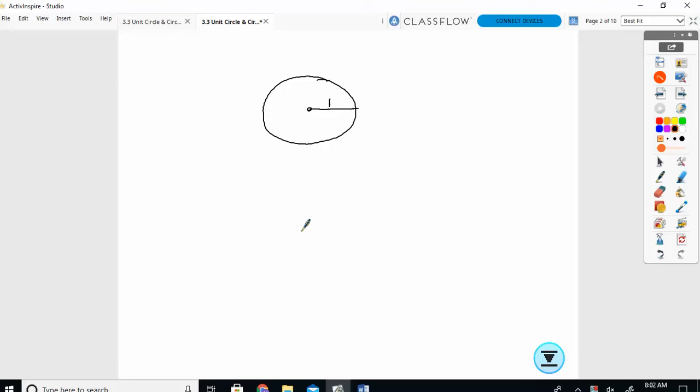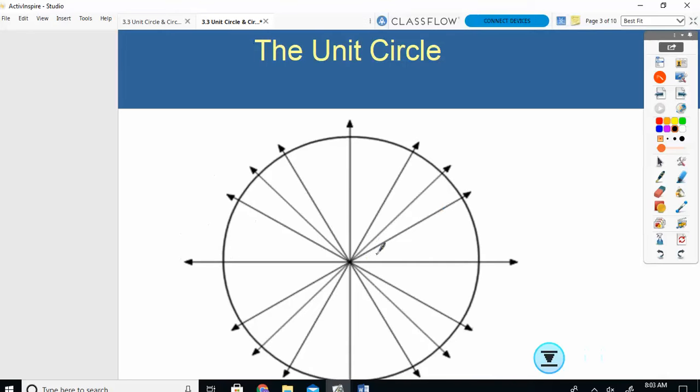If you think about the S equals R theta that we've just been dealing with, if the radius is 1, that means in this particular circle, S and theta would have the same measure. So, in other words, this angle right here is the same as this arc length out here.